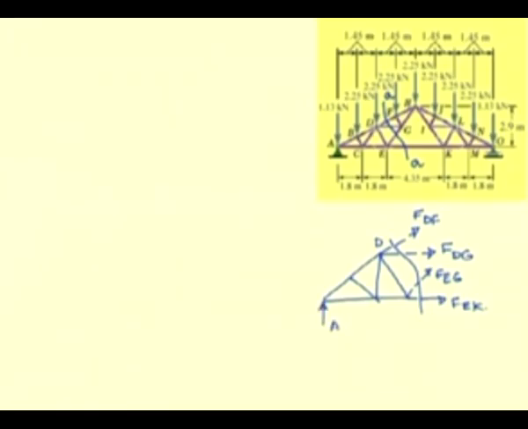The reactive force Ay has been already determined. This is a known quantity, this is a known quantity, this is a known quantity, and so we only have 3 unknowns to be determined.